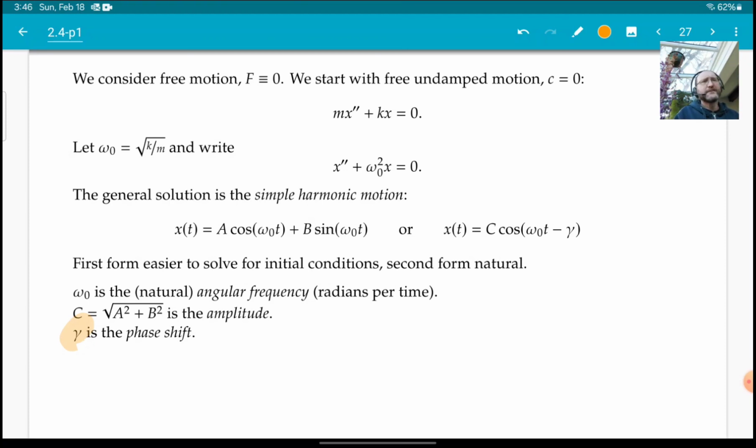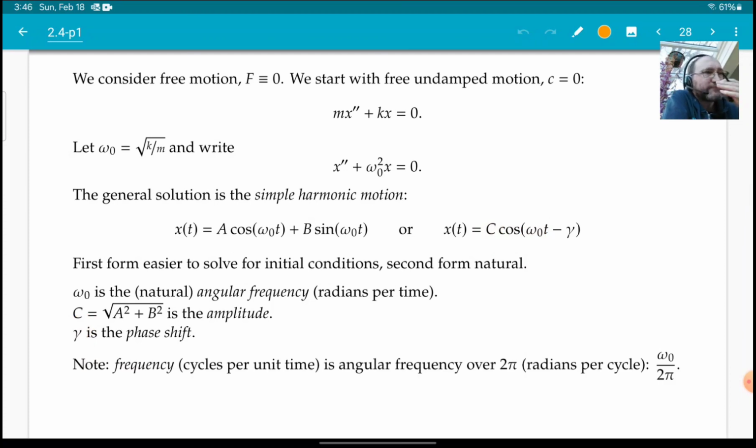Sometimes you're interested in it, and sometimes you're not that worried about the phase shift, unless you're interested in exactly where you are at some point of this motion. A lot of times you might be interested not in the actual solution, but in the omega naught, or in the c. Those are common things to ask for.